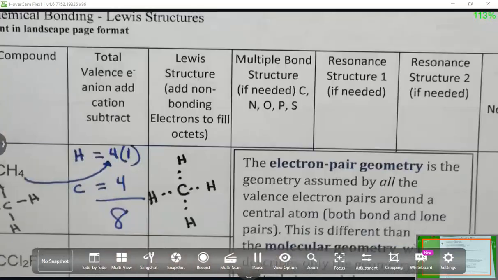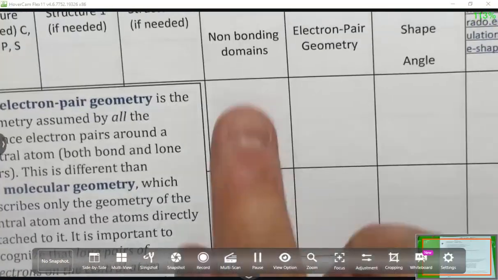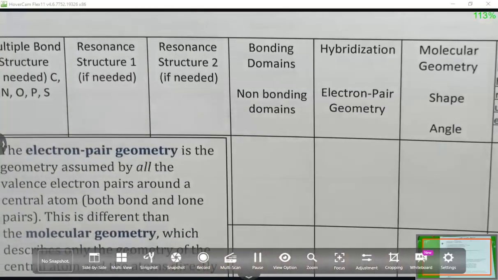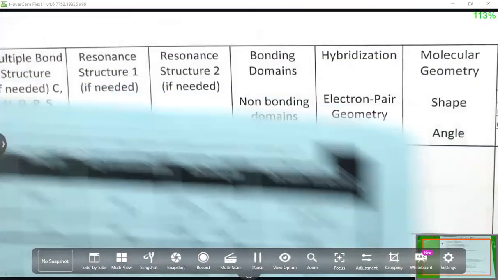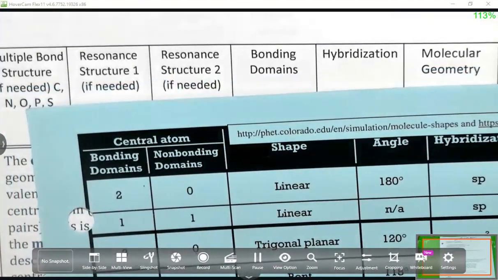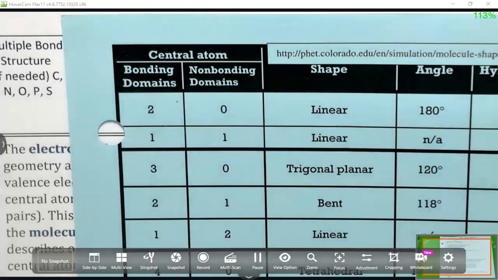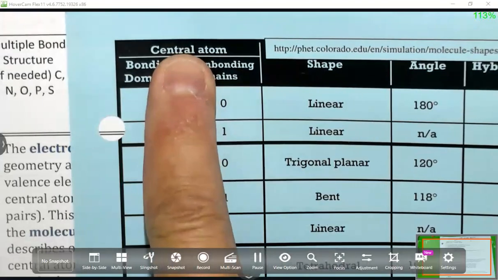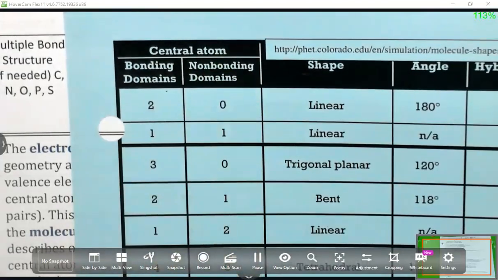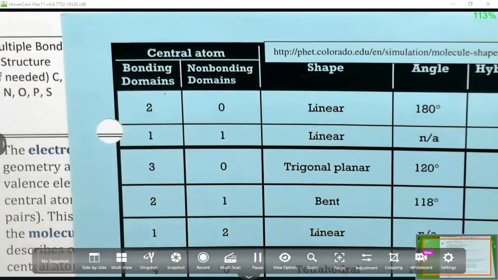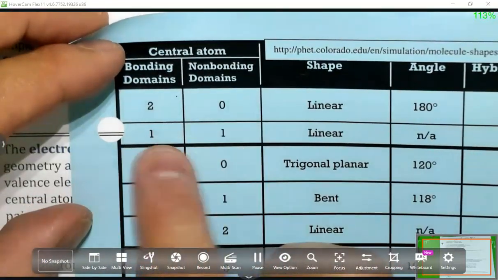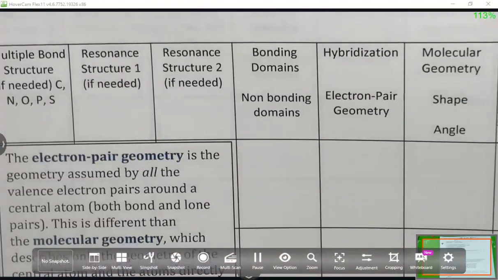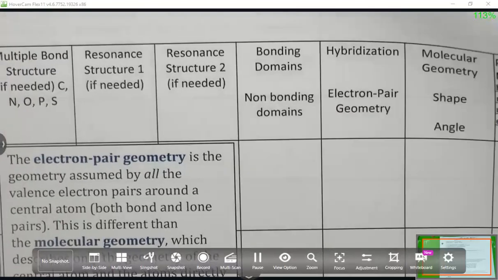Now, this concept of bonding domains and non-bonding domains matches the blue sheet. For bonding domains and non-bonding domains, we are talking about the central atom. We'll look at those on a video clip here in a little bit. Bonding domains. How many bonds does the central atom have?